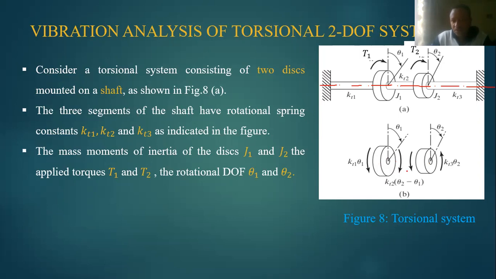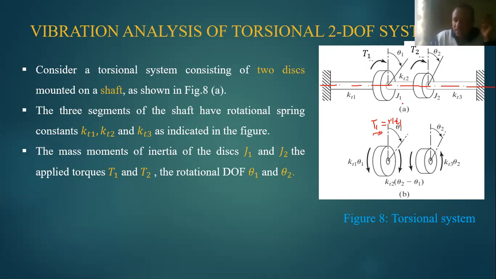The torque applied to disc number 1 is T1, or we can sometimes use MT, meaning moment torque, MT1, MT2. And the stiffness to this side, KT1, stiffness at the middle, KT2, stiffness to this direction, KT3.